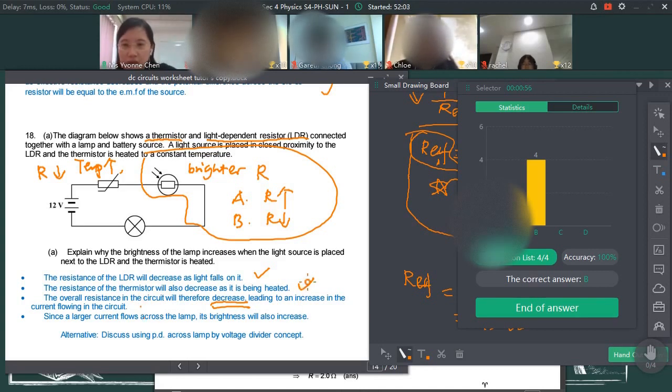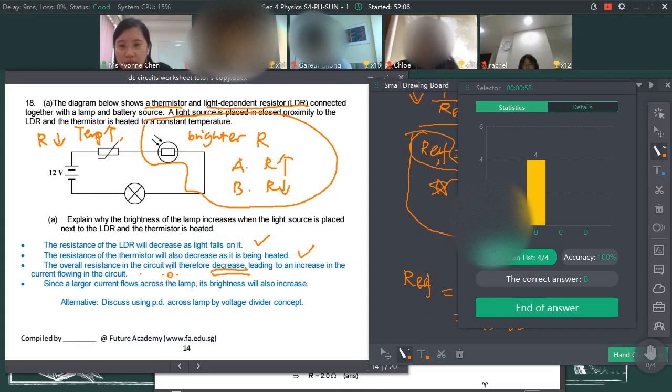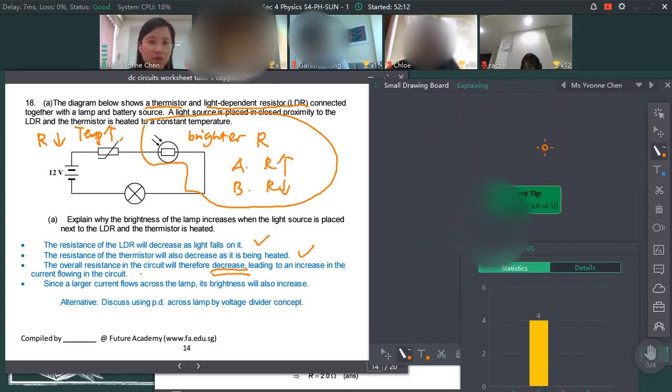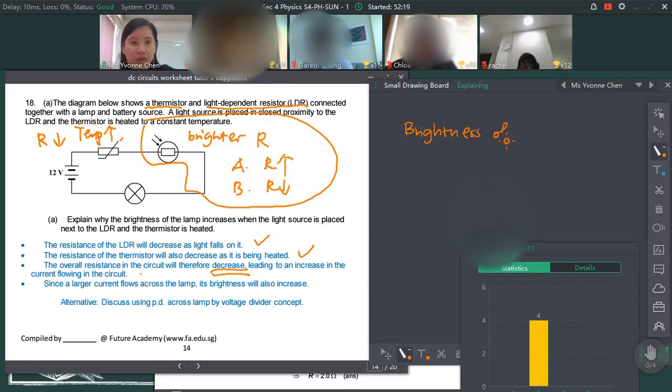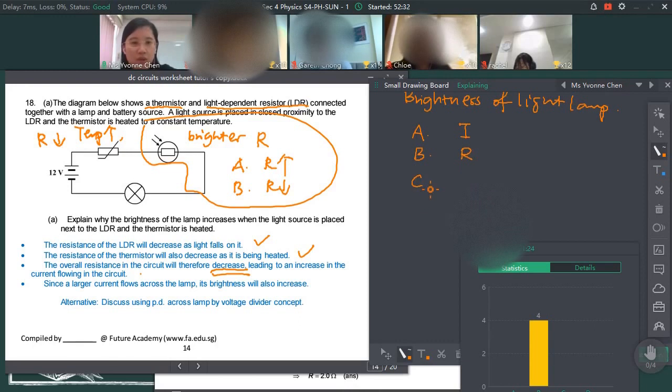So you can talk about the power. Remember we talked about the brightness of the light. I hope you still remember, when we talk about the brightness of a light bulb or lamp, are we looking at I only, or R only, or voltage only, or power?